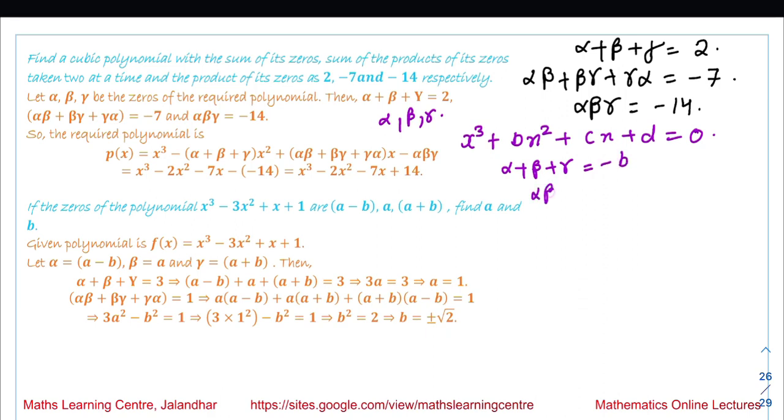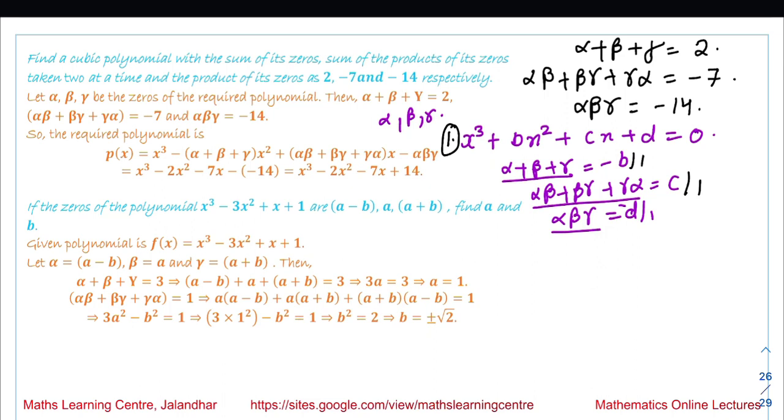Then alpha beta plus beta gamma plus gamma alpha is equal to c, because we have taken the coefficient of x square as 1, so it is b over 1, this is c over 1, and the next term, alpha into beta into gamma, is equal to minus d over 1.